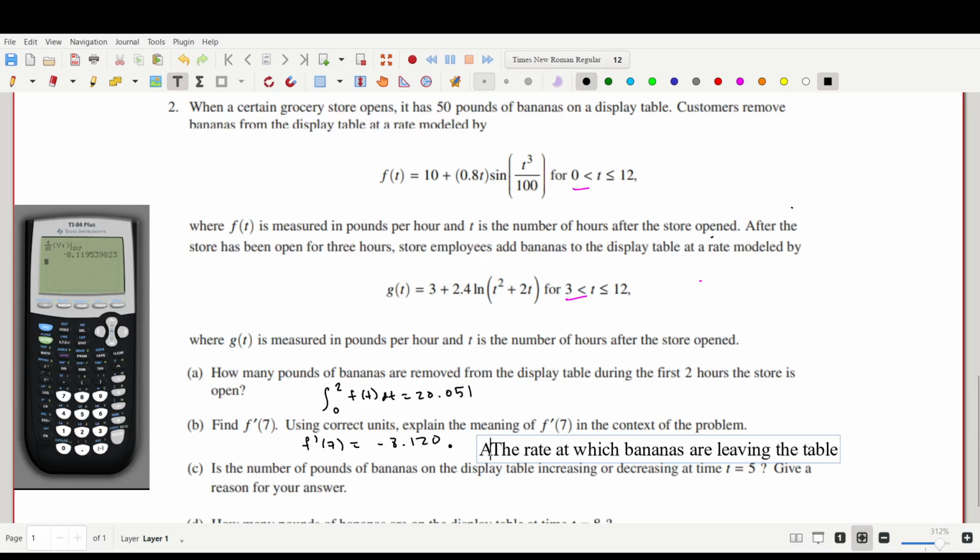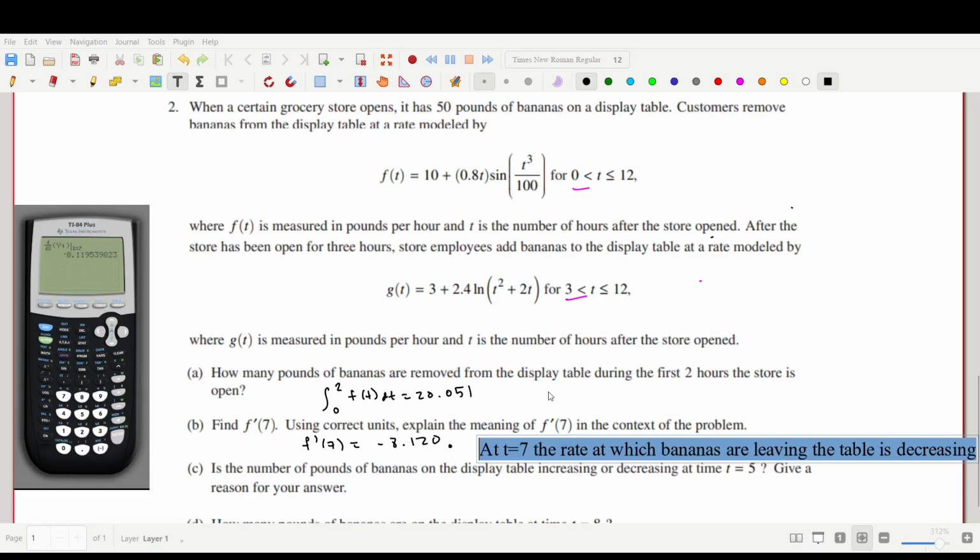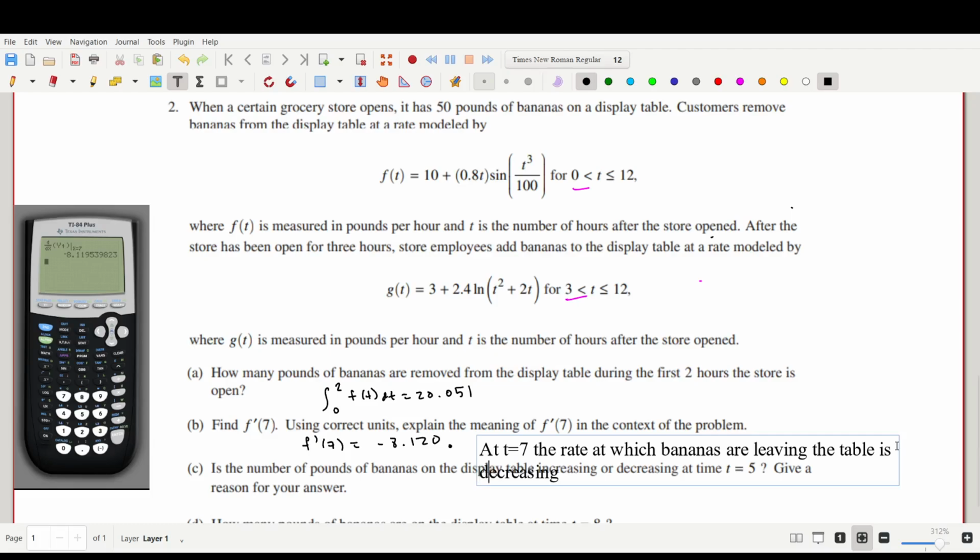At t equals 7, the rate at which bananas are leaving the table is decreasing, and I'm running out of space here. Let me make this a little smaller. Oh my gosh, this is so frustrating. It is annoying I don't have any place to write this. It is decreasing at a rate of negative 8.12 bananas per hour.